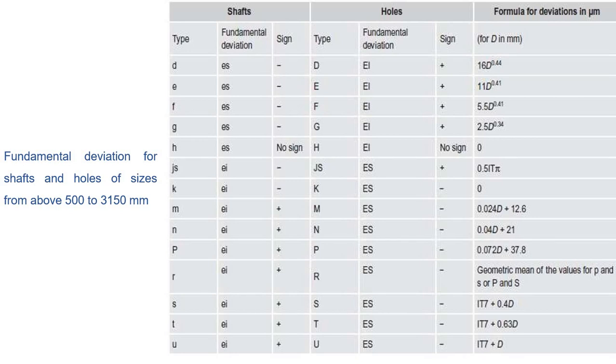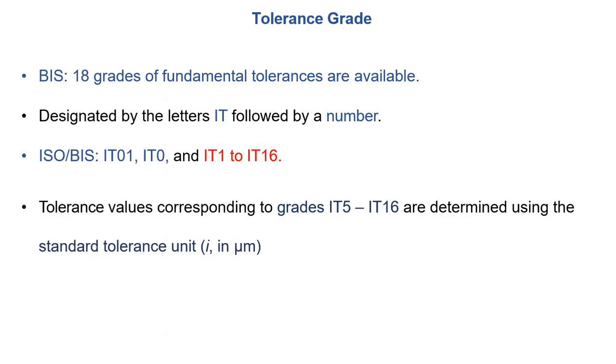There are some formulas to calculate the fundamental deviations by the IT grades. A total of 18 grades of fundamental tolerances are available. The designation is by the letters IT followed by a number. As per BIS or ISO, it has 18 grades: IT01, IT0, IT1 to IT16.